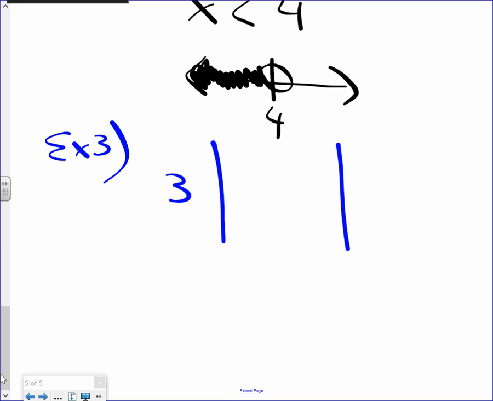Go ahead and put 3 times the absolute value of 2x minus 7 equals 21.